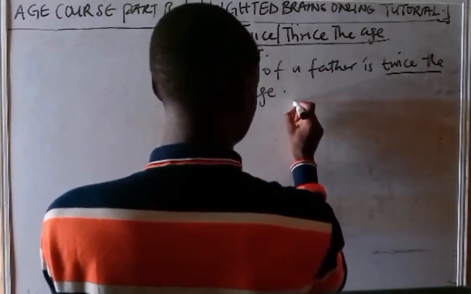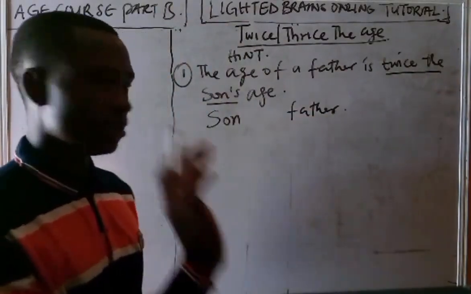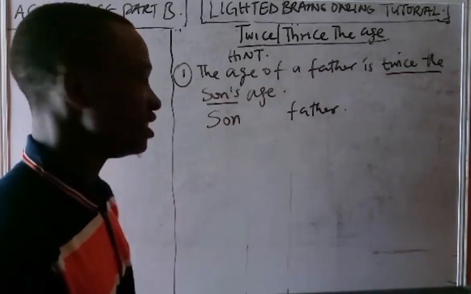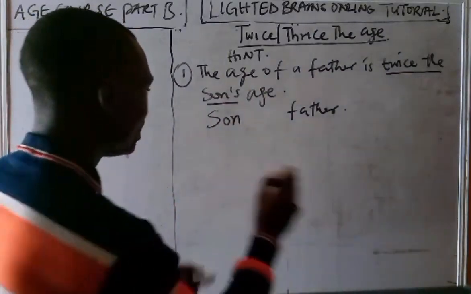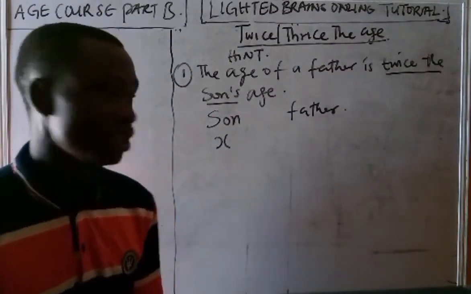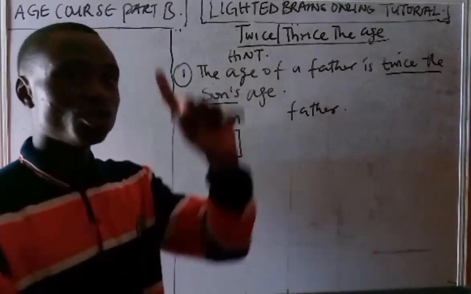So now let's look at this. Son and father. Now just look at this. They said the age of a father is twice the son's age. We don't know the son's age, right? So keep it as X. Since we don't know the son's age, we keep it as X. So the present age of the son, I believe I've told you what present age is.